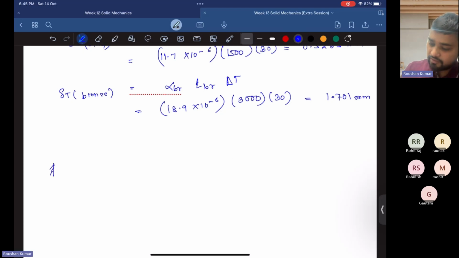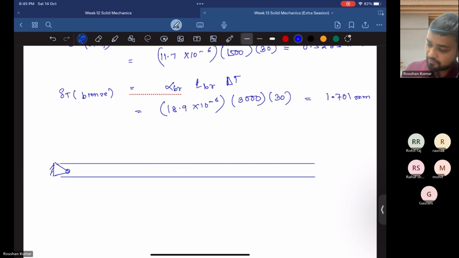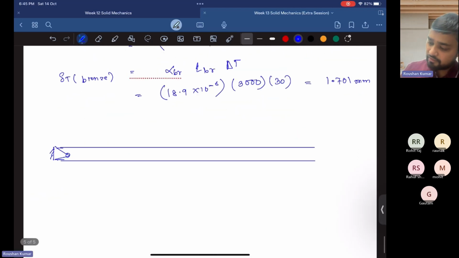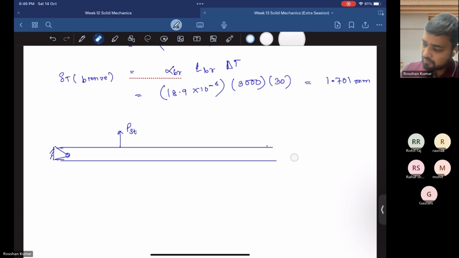So here there is a fixed pin support. This is the bar we have, and here the steel bar is there. Some load P is acting, and here the bronze is there, so a reaction force P of the bronze is also acting.